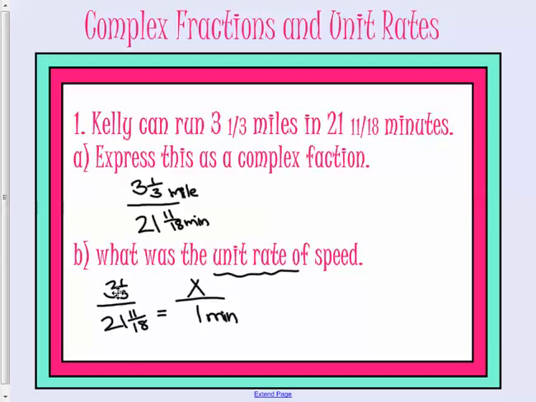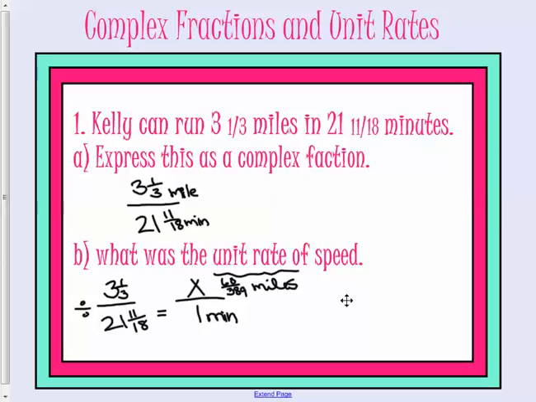Okay, so the simple way to do it is to remember that this is a division problem and to just literally divide miles per minute. So if we did that, we would get 60 over 389 miles for 1 minute.